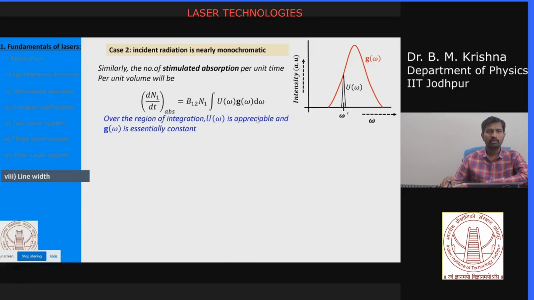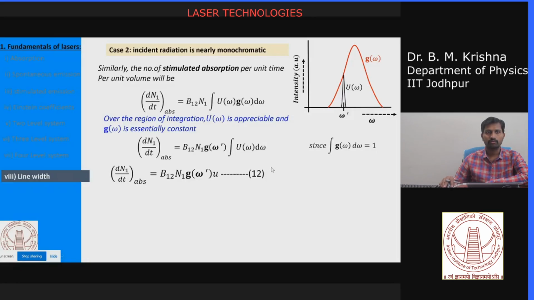For the region of interest, only that U of omega can be excited, so then you can take G of omega out. So again you get the same function with the B12 Einstein coefficient. So the only change is your Einstein coefficient. The remaining whole thing is the same.